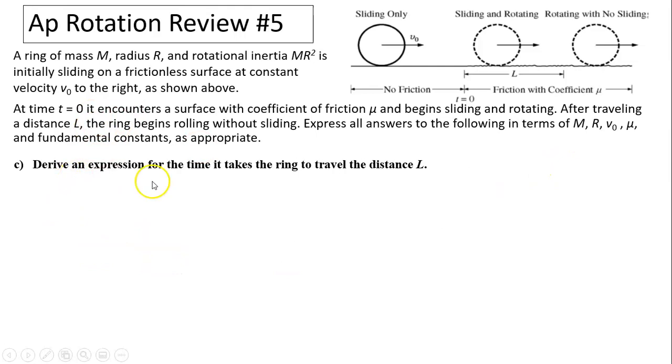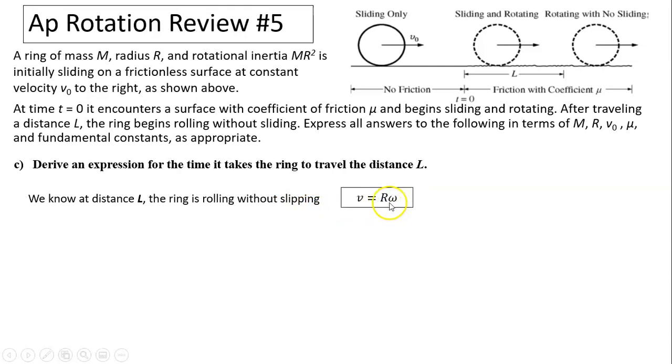Next part. Derive an expression for the time it takes the ring to travel the distance L. Let's see what we know. At distance L, the ring is rolling without slipping. This is a special condition. What does this tell us? V equals r times omega.